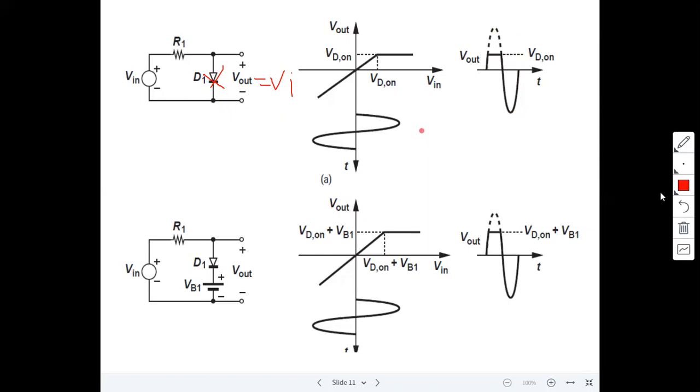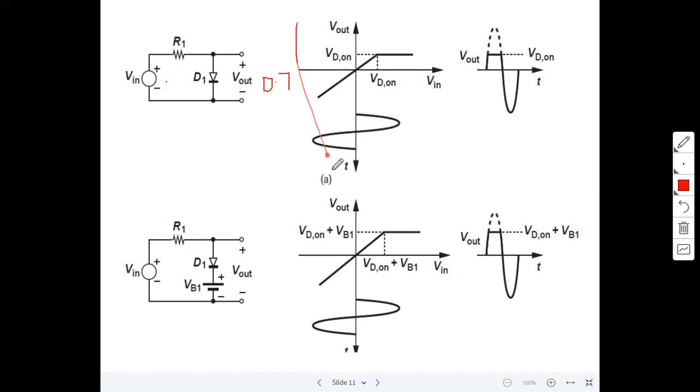Now coming to here, I consider the practical diode, having a cut-in voltage of 0.7 volts. During the positive cycle, this is the input signal here.